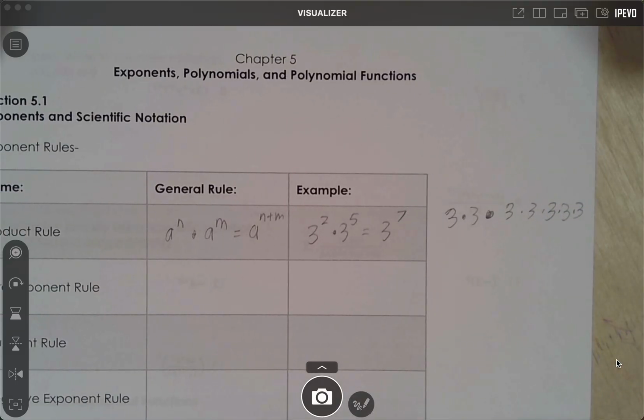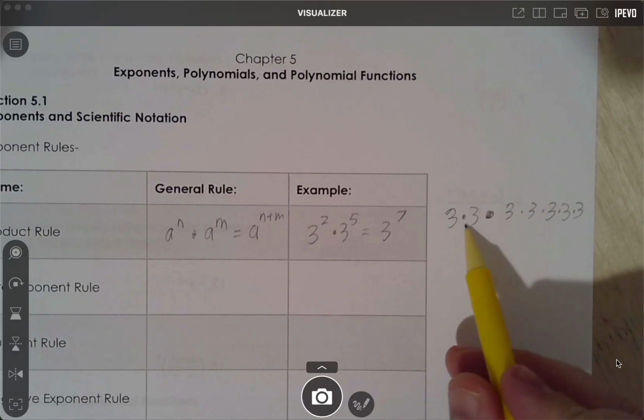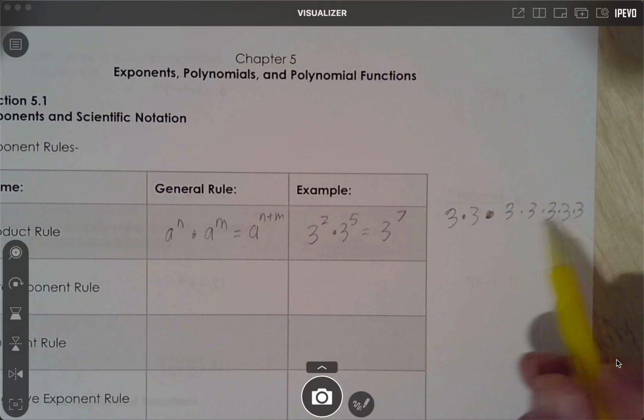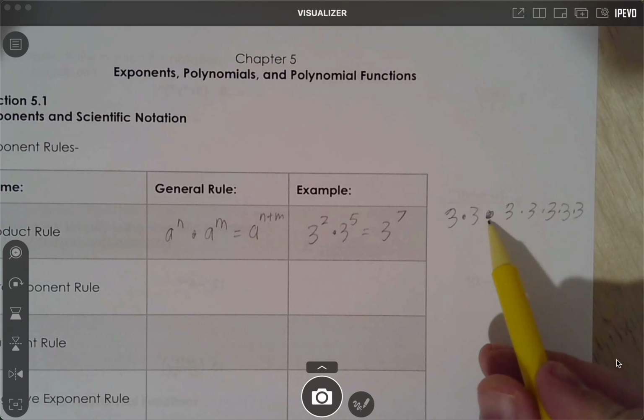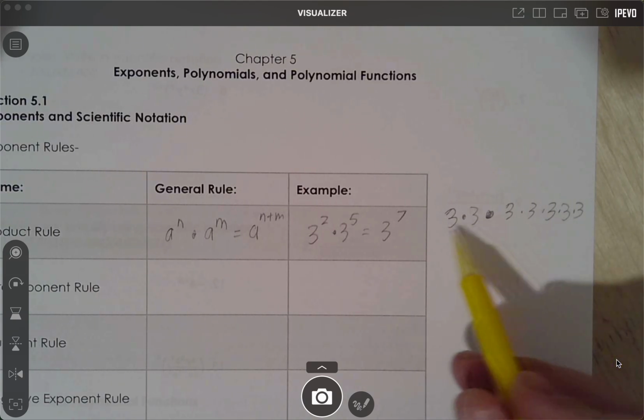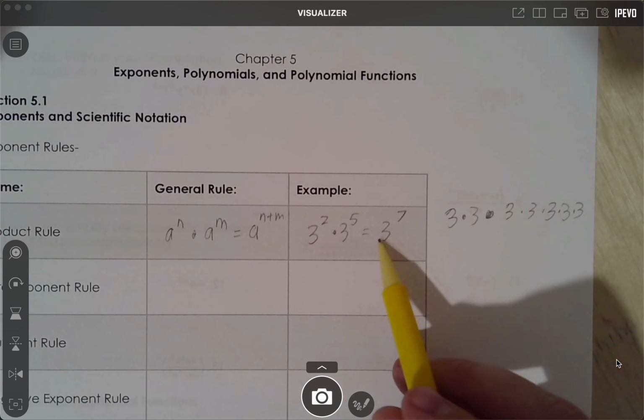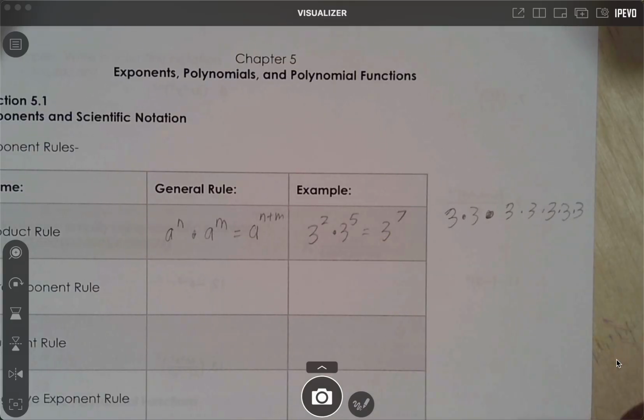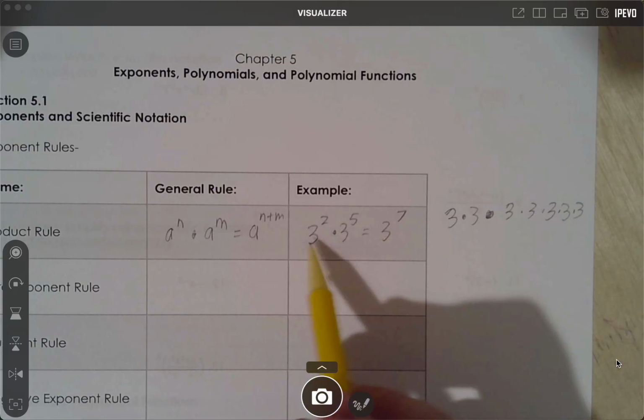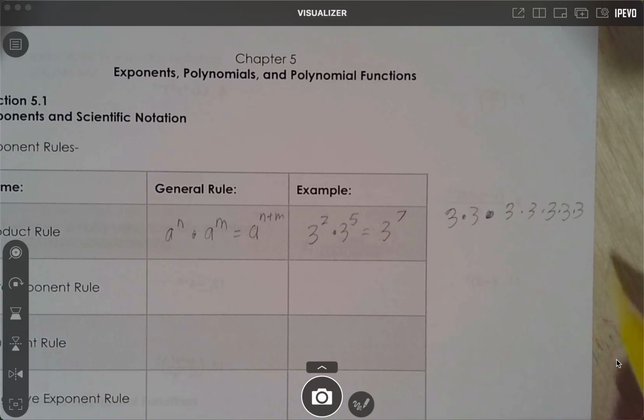And so really what we've done is we've taken 2 3's multiplying together and 5 3's multiplying together and just stuck a multiplication dot in between. So really this is now just one big line of 7 3's repeated multiplications. So that's the addition rule, and that's why it's occurring behind the scenes.